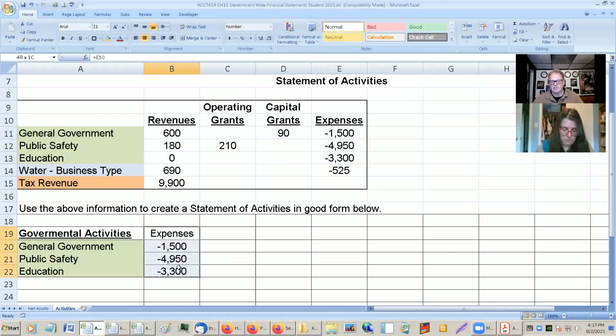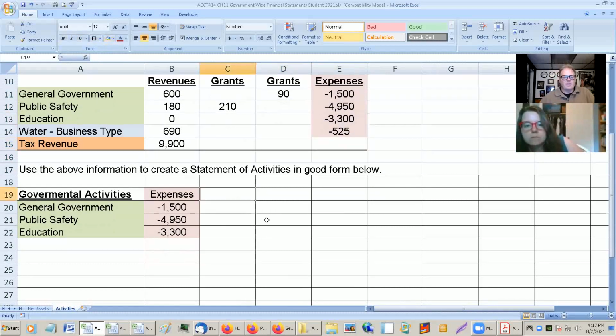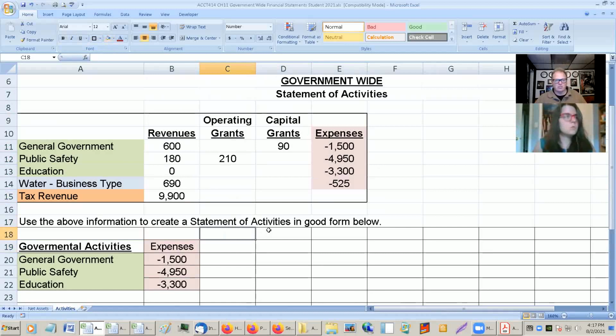And again, it's odd. So expenses, then we're going to have our revenue. Yeah, revenue.